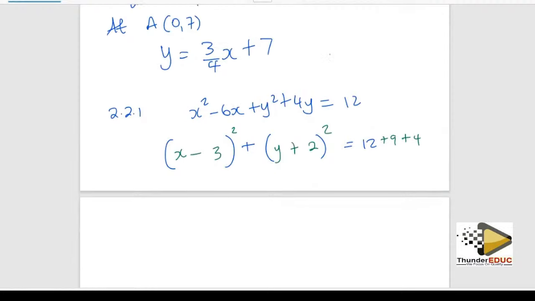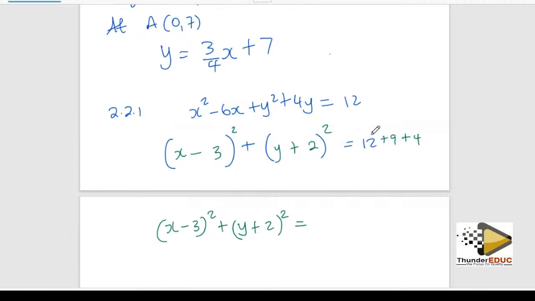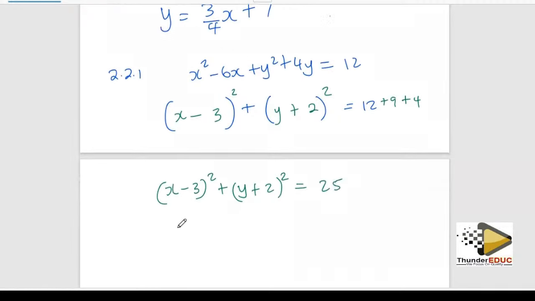So which means I'm having x minus 3 squared plus y plus 2 squared is equal to 12 plus 9 plus 4. Is that true? Yes, which is a 25. So which means the coordinates of k are gonna be 3 and negative 2.